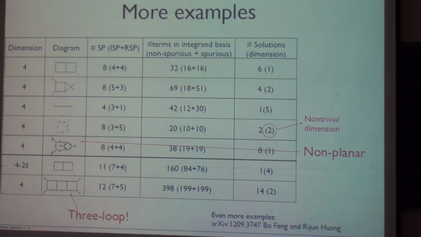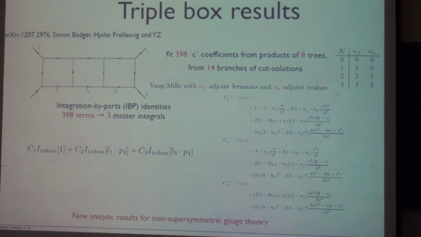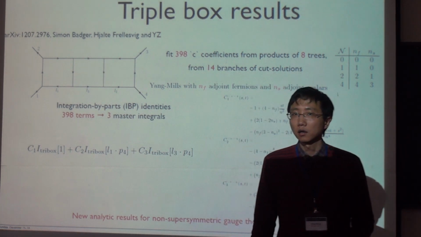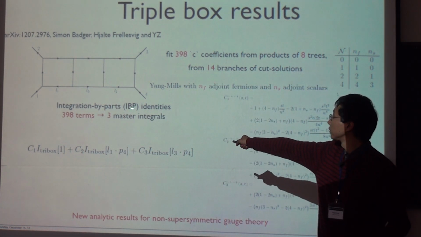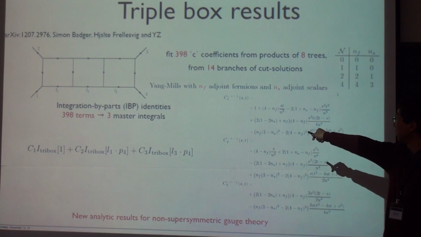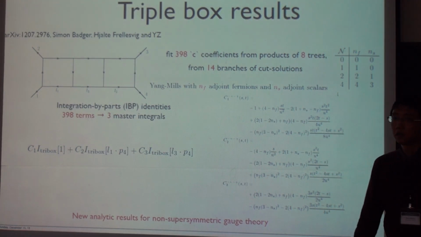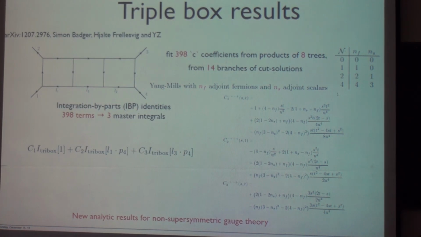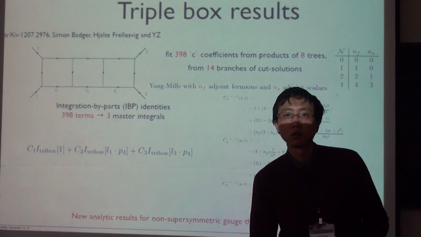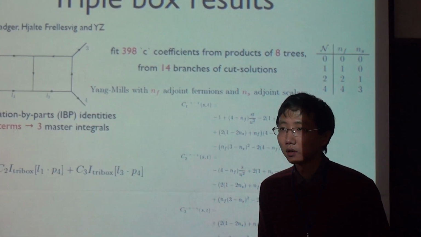So I just give you one 3-loop example, which is this one. This is quite a hard calculation. You have four massless particles, and you consider an arbitrary Yang-Mills theory with nf adjoint fermions and ns adjoint scalars. For some integer values of n, we get non-supersymmetric theories and supersymmetric theories.